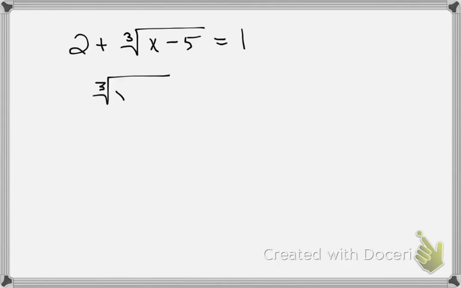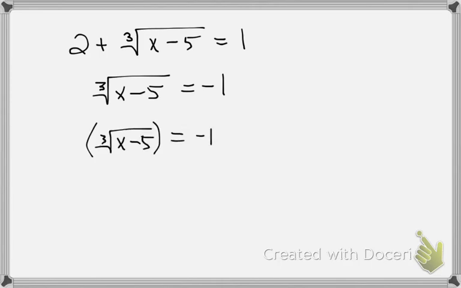So I have the cube root of x minus 5 set equal to -1. Now what? You gotta cube both sides. Yes, now we're going to cube both sides. All right, we're going to raise both sides to the 3rd power. So that's going to get rid of that cube root on the left, right? So what do I have left on the left? x minus 5.